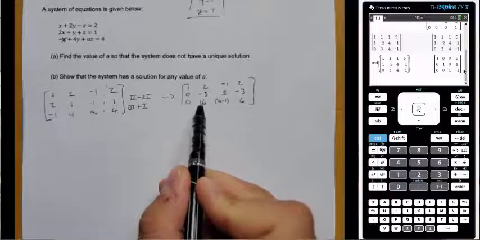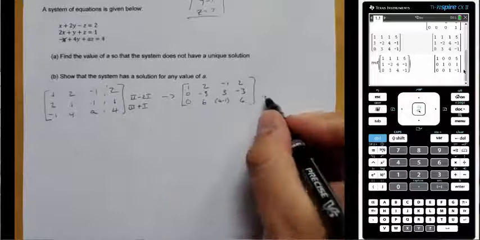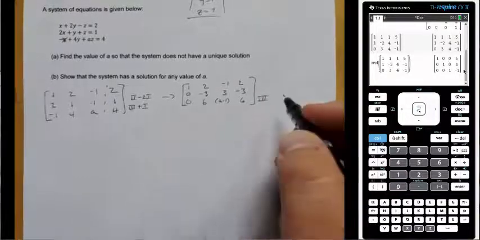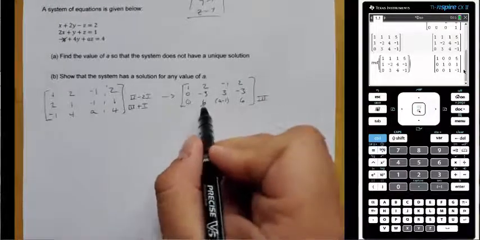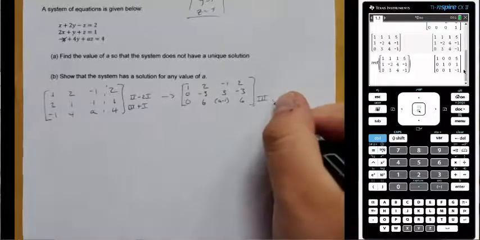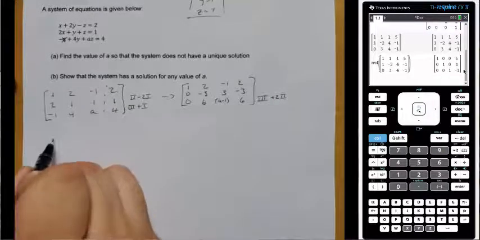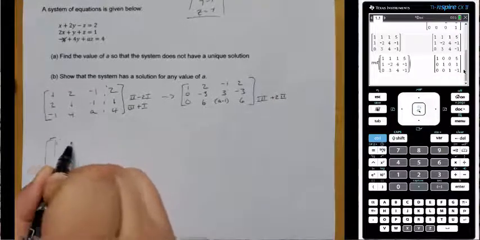I'm most of the way to upper triangular. I just need a 0 here. So I get a 0 here if I take row 3 and add 2 copies of row 2, because 0 plus 0 is 0. So what do I get? Well, I get the same row 1 because I did nothing to it.